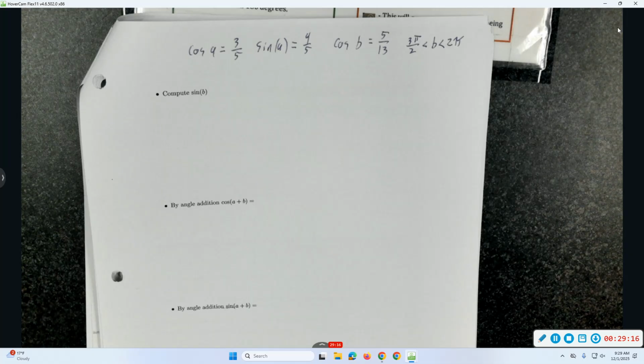Find for me sine of B. Maybe you actually have to do the algebra to figure out that missing side length, but it is also a Pythagorean triple, so I'll give you this for free. You should get some whole numbers appearing.